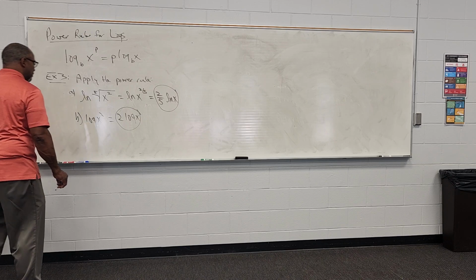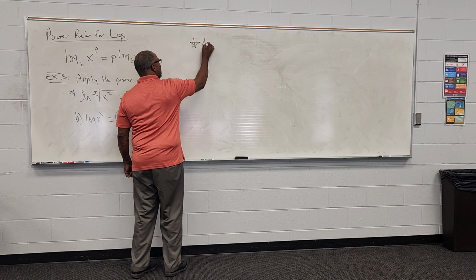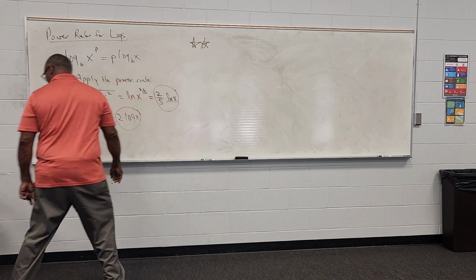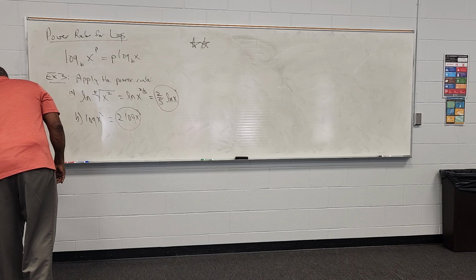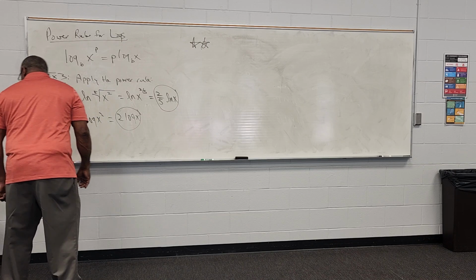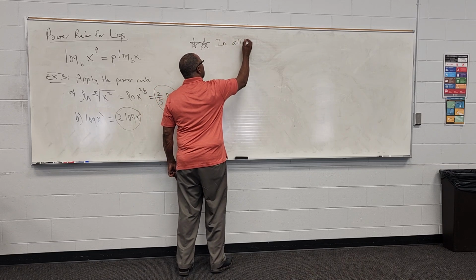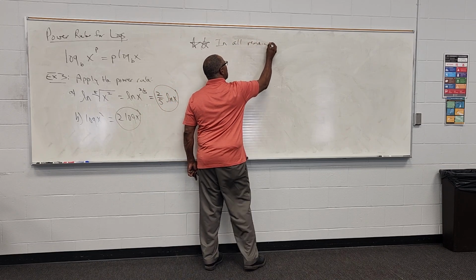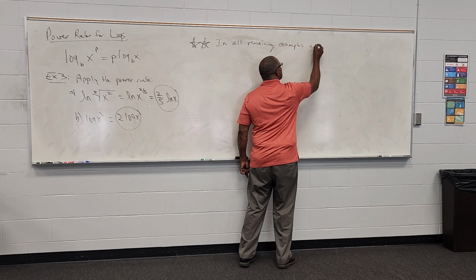And that's why they say in the next line, really importantly, so they don't have to keep saying for positive things only. So 2 stars. They say, in examples and exercises, we will assume the variable expressions within the logarithms represent positive numbers.